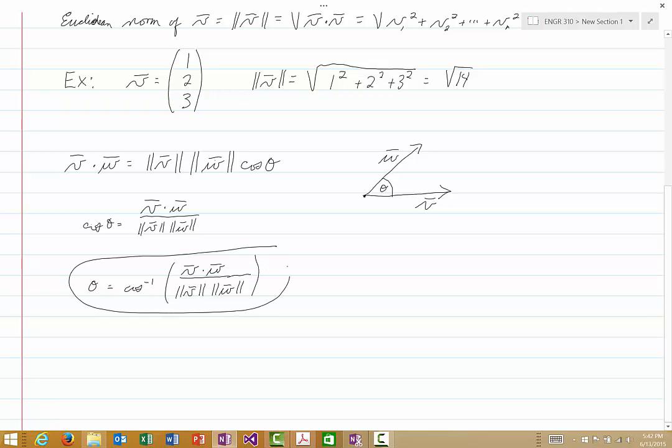So this formula allows you to calculate the angle between two vectors.